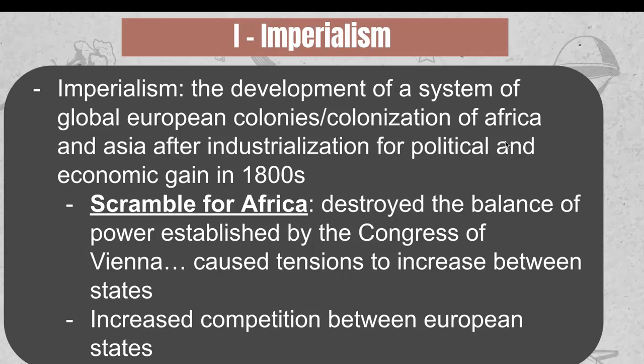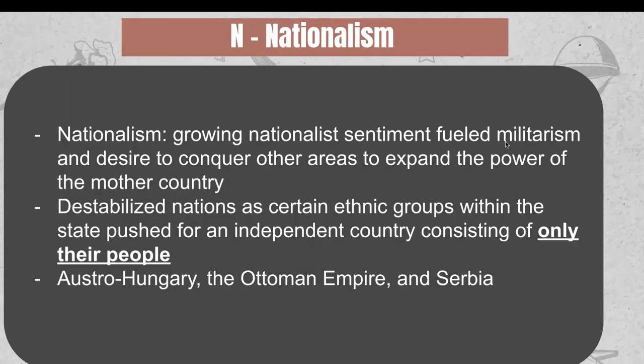On top of that, there's just overall an increased competition between European states due to imperialism, the competition of who has the most colonies, who has the better colonies, all of that.